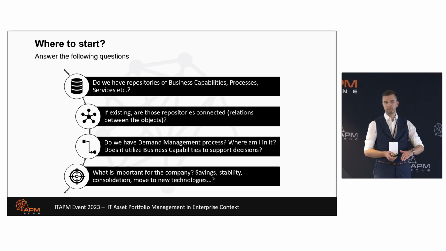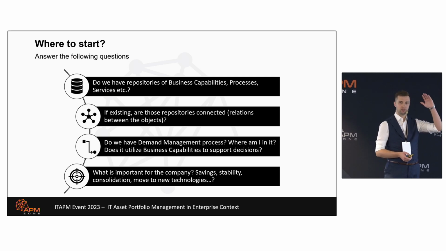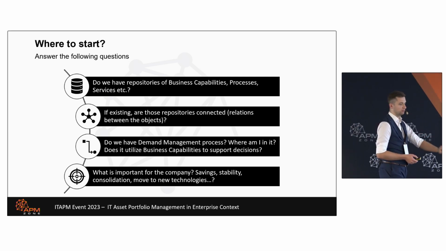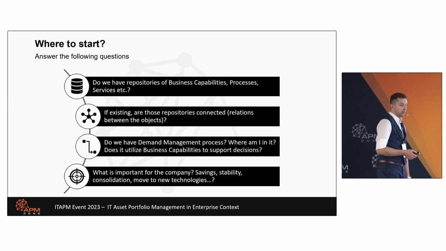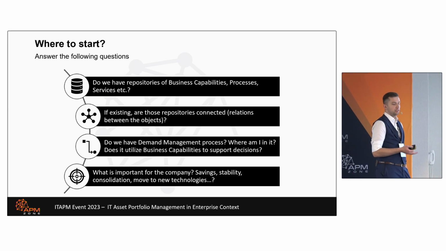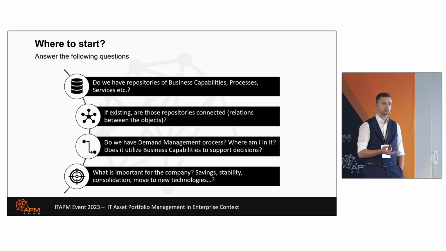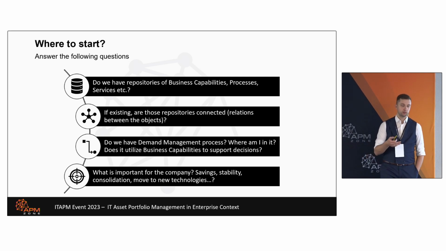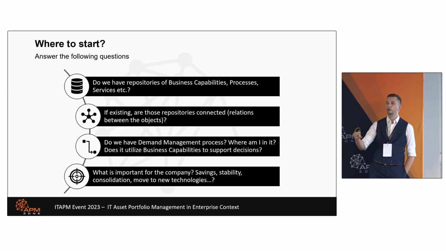There is no, does it make sense? No, the architects have decided that's how we're going to implement it, for example. And the next could be, does it utilize these capabilities to support decisions? So does it utilize a standardized set of functionalities, or non-functional requirements, by someone from the business who knows what they want to achieve?